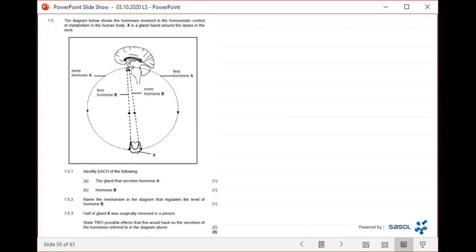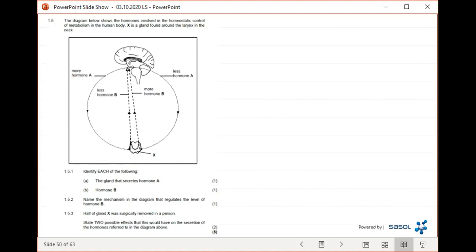Question 1.5.1. Identify each of the following. 1.5.1a, the gland that secretes hormone A. Remember, hormone A is acting on the gland labeled X, which is found around the larynx, and we have already established that X is the thyroid gland.